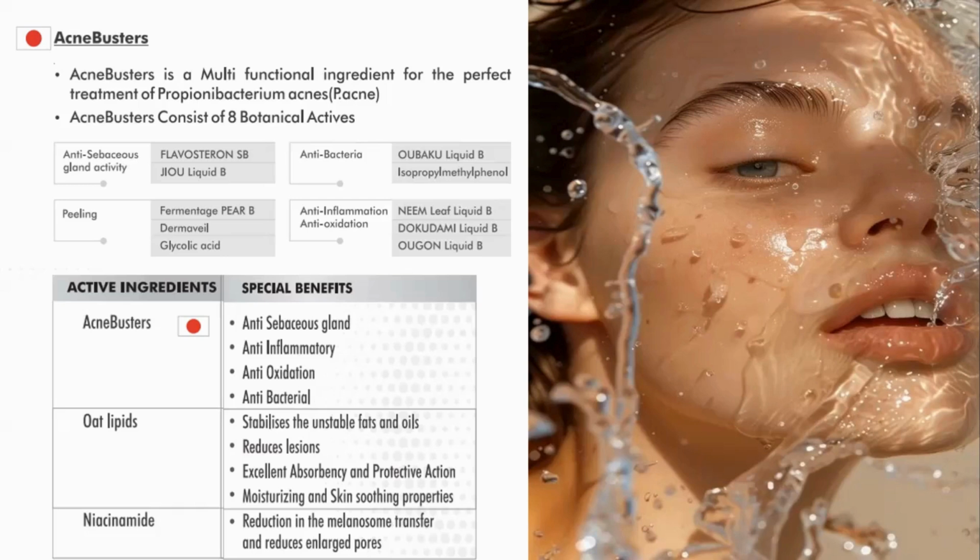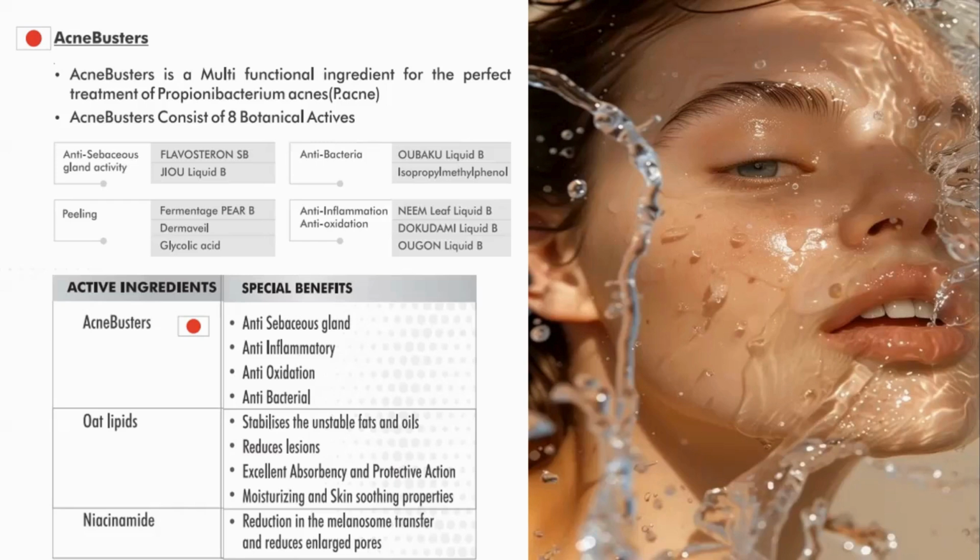Here, Acne Buster we have actually imported from Japan. So this is an imported ingredient, and it works towards the perfect treatment of huge inflammatory and non-inflammatory acne. Next, the particular ingredient we have got is oat lipids. Oat lipids have the function of stabilizing the fats and unstable fats and oils.